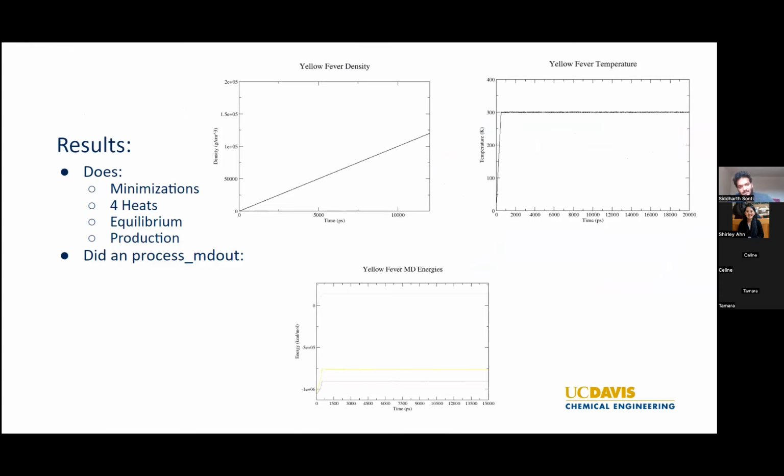Going back to your question, Siddharth, for this one I think we were only given the ionic concentration; we weren't given the volume or anything. So the volume that Celine was showing was just automatically calculated from Amber tleap when we were setting up the system. So I don't think there's anything wrong with the volume size or the ions added, but we just have to look at the density. Everything else seems to be okay.